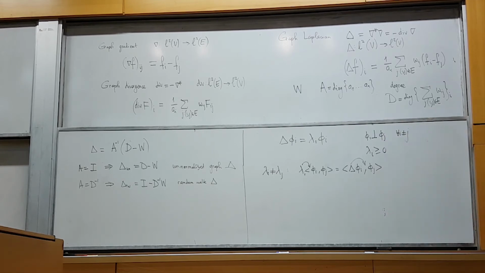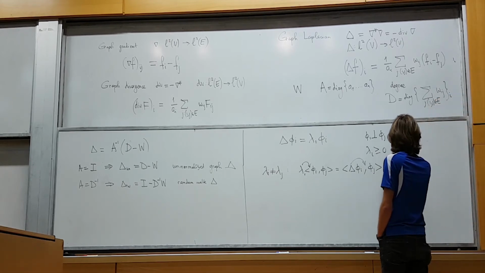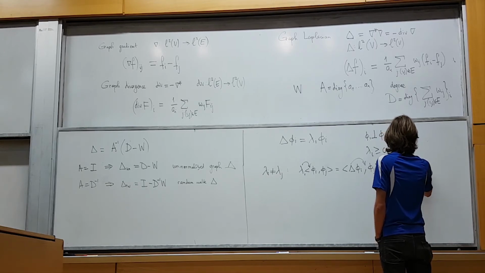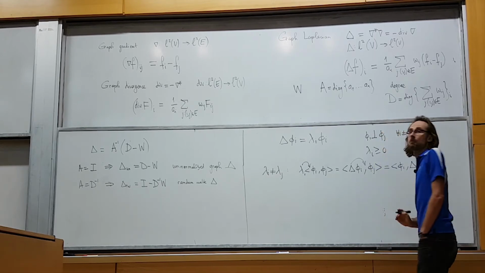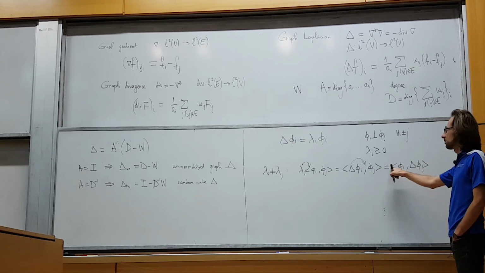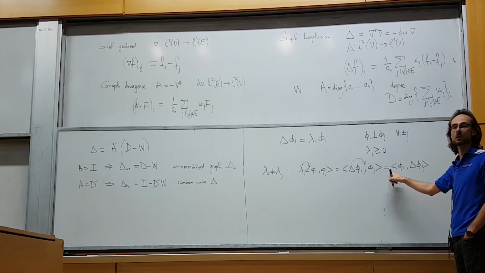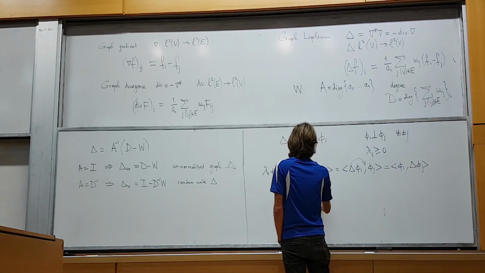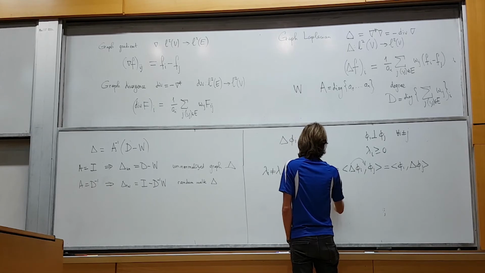But what is the adjoint of the Laplacian? It's itself, right? So this is a crucial property. This is the Laplacian itself. So I'm writing this as phi i with the Laplacian of phi j. And what is the Laplacian of phi j? It's lambda j phi j. And I'm using the linearity of the inner product, so I will write this as lambda j times the inner product of phi i and phi j.